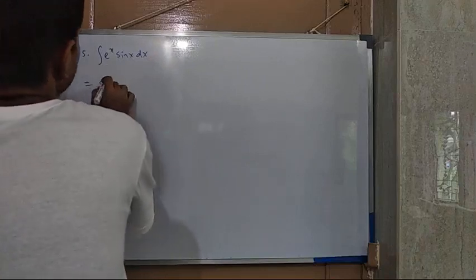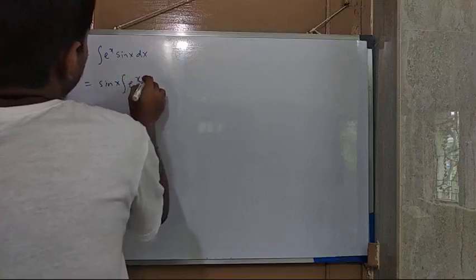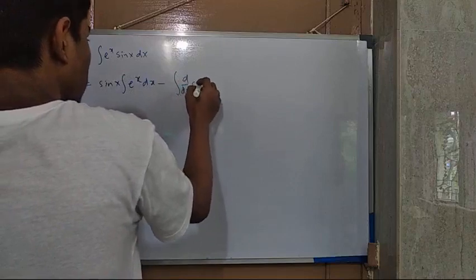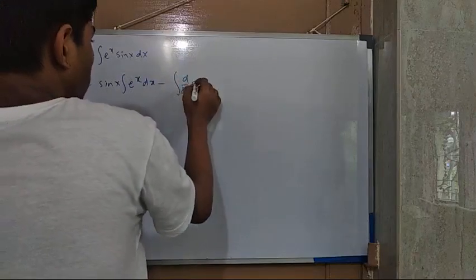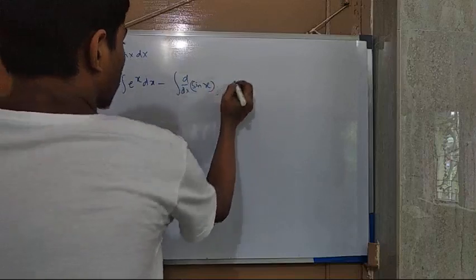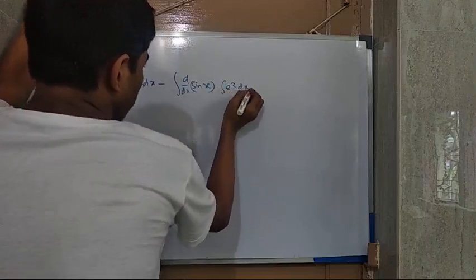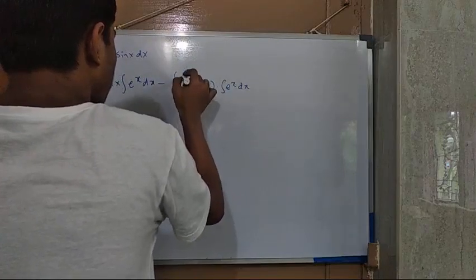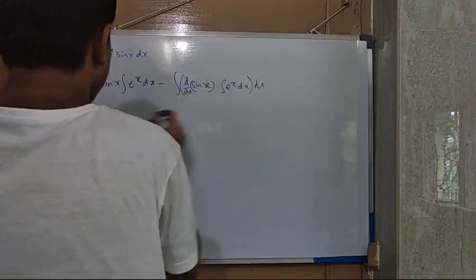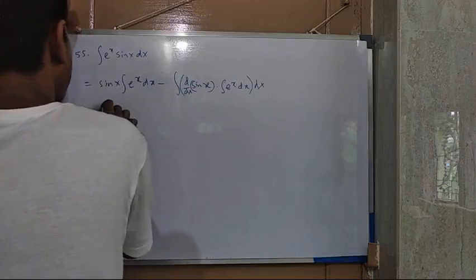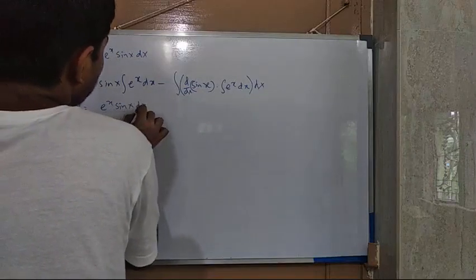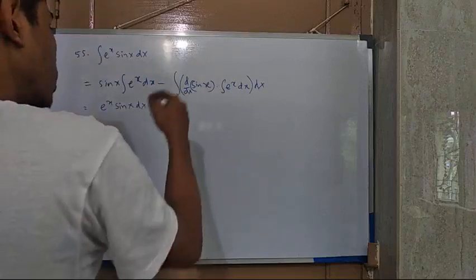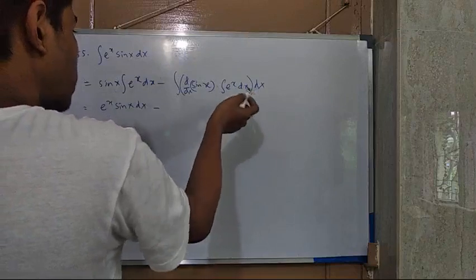sin x times integral of e to the power x dx minus integral of d/dx of sin x times integral of e to the power x dx, times dx. This becomes e to the power x sin x minus cosine of x times e to the power x dx.